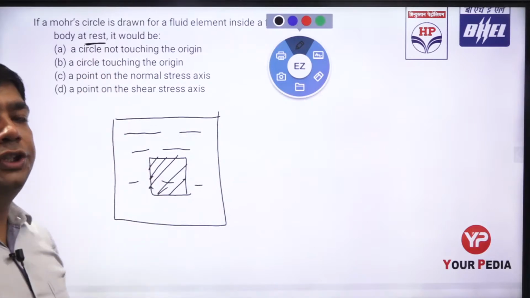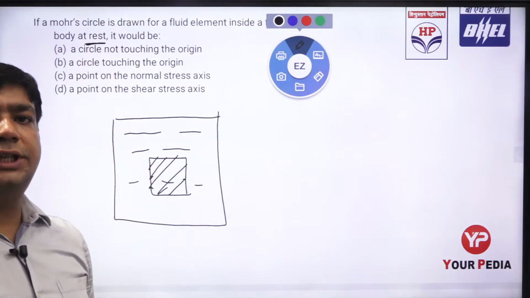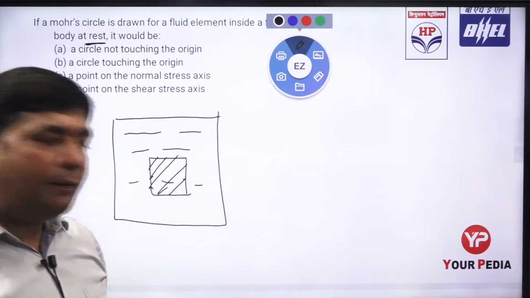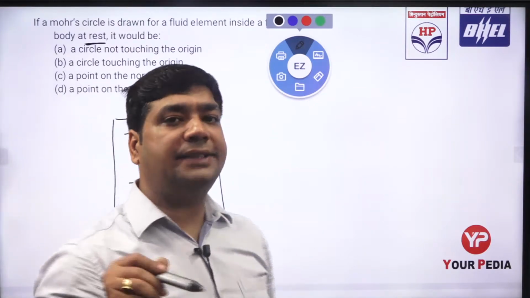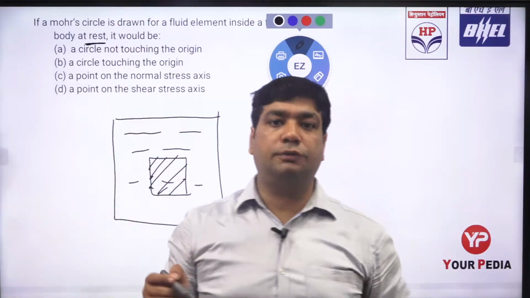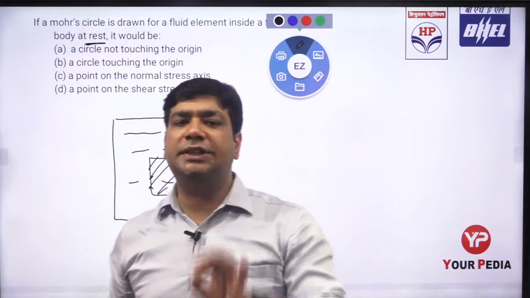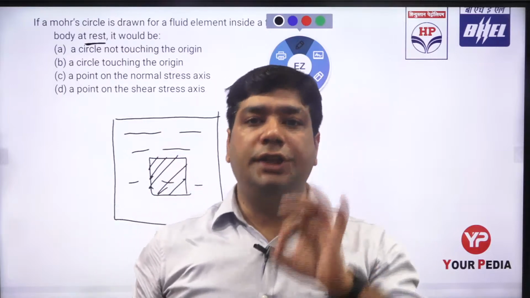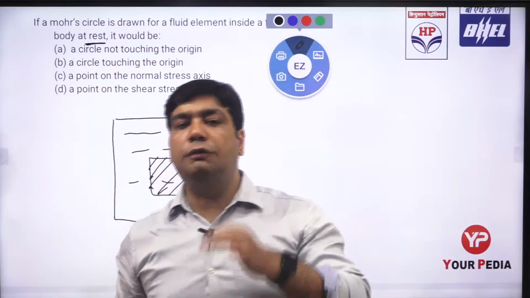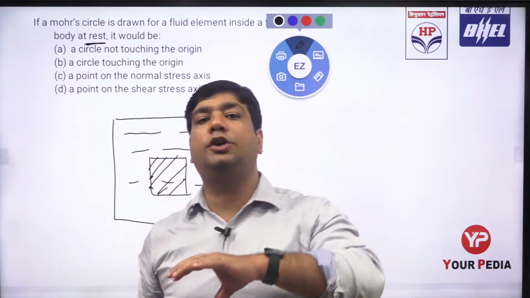so there is no shear force or no shear stress acting on that member. If a fluid element is in a rest condition, there is no shear force. What do you mean by fluid? A fluid is a substance which is capable of flowing under the action of shear force. Whenever the fluid is going to flow, it is only when shear force exists.